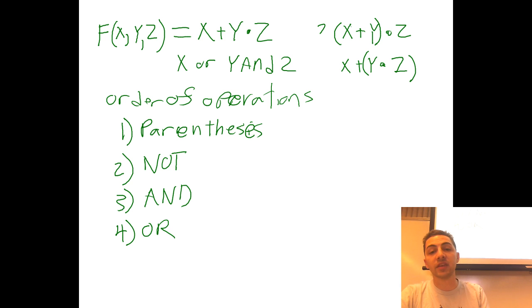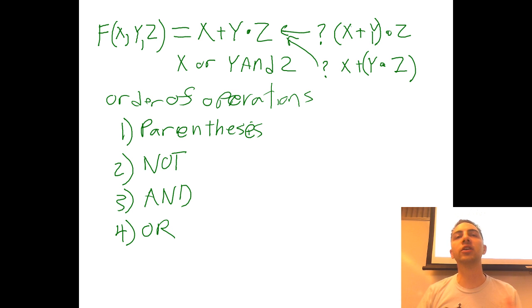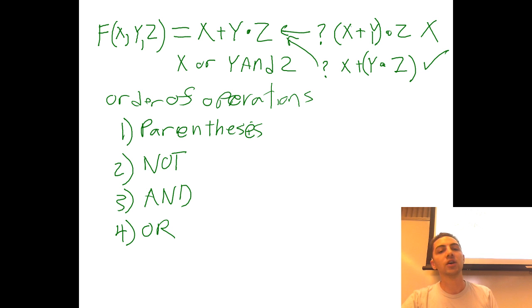Which one of these is equivalent to that without parentheses? In other words, which one do I do first based on this order of operations? The top or the bottom? The bottom. The bottom is correct. This is wrong. To do the or before the and is incorrect. So there is an implied set of parentheses around that and.